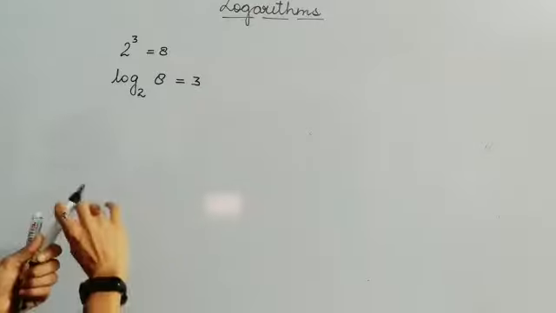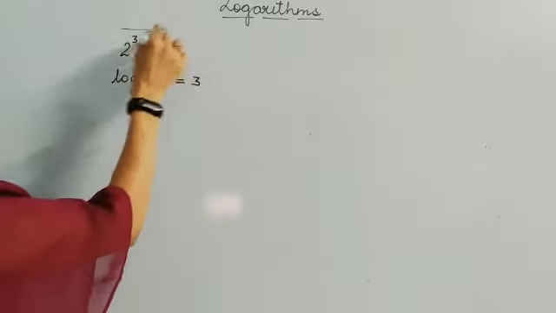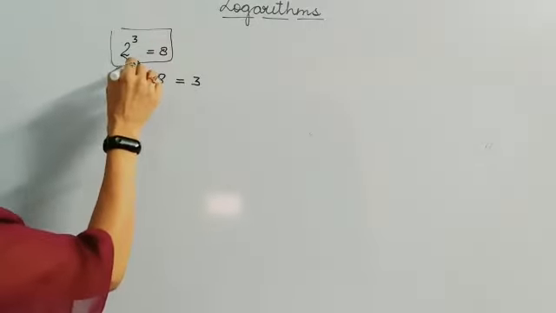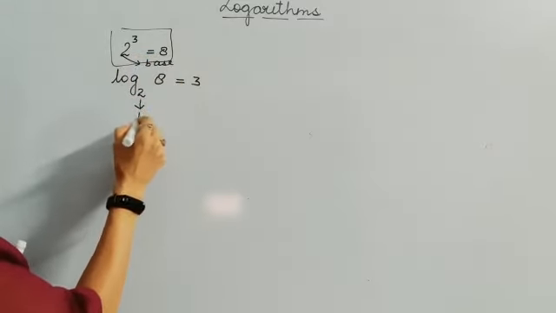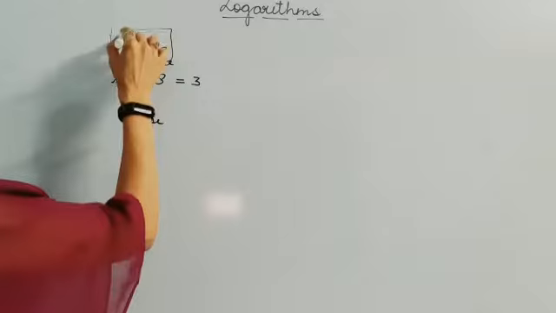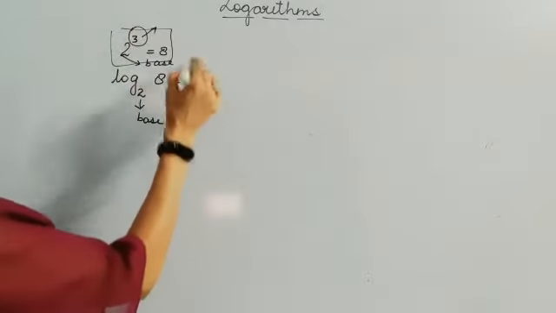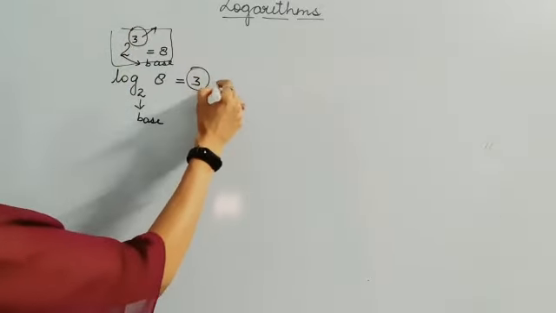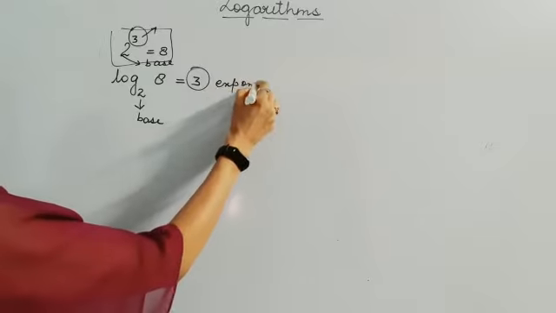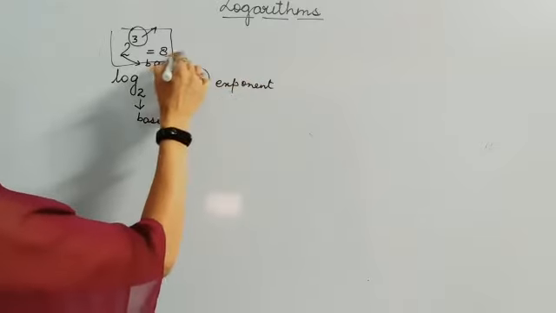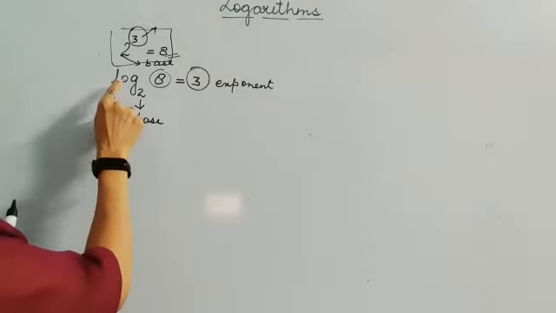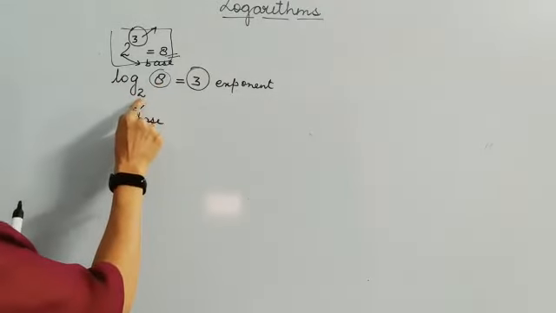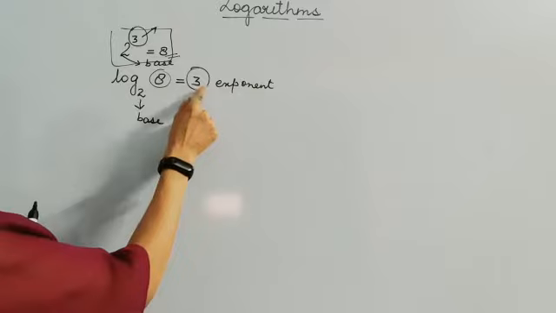Here in log, this is known as your base. Whatever is the exponent, you write it over here. The result is written with log. So it is read like this: log of 8 to the base 2 is equal to 3.